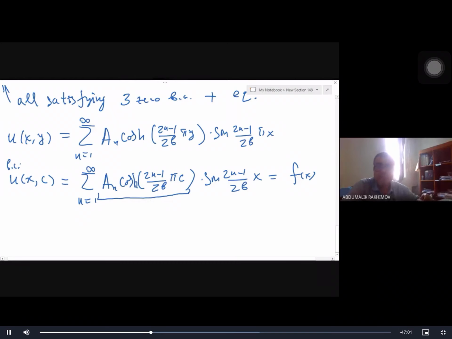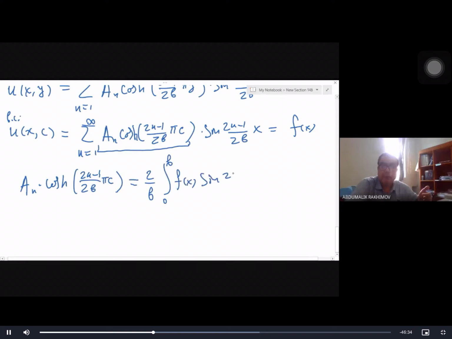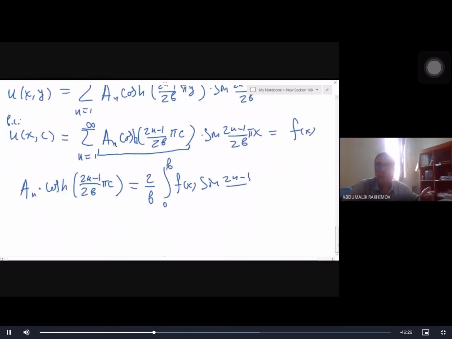This number must be the Fourier coefficient of f, right? So a_n times cosh((2n−1)/(2b) π c) must be equal to the Fourier coefficient, 2/b times the integral from 0 to b of f(x) sine((2n−1)/(2b) π x) dx. It's π actually, π. Maybe above also.